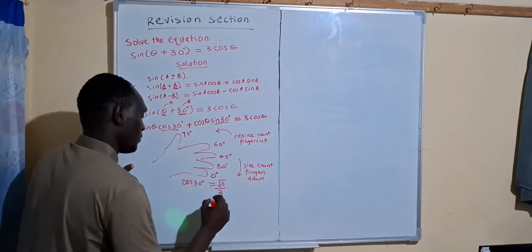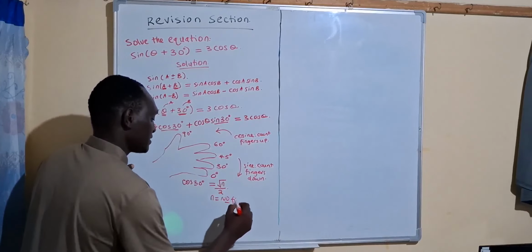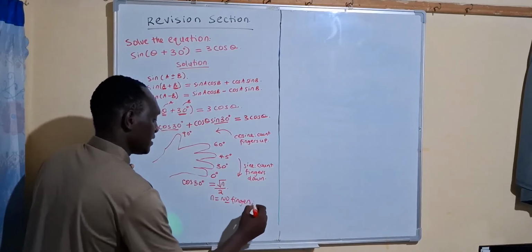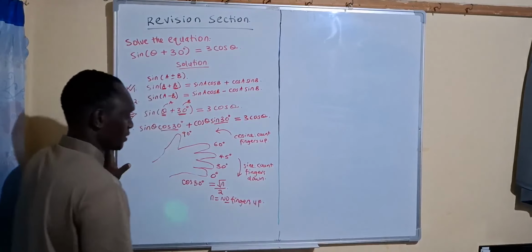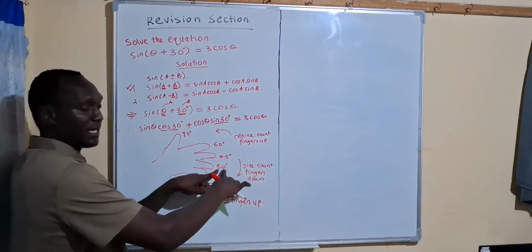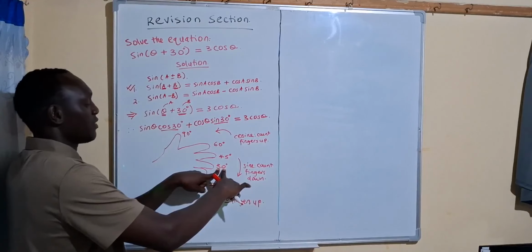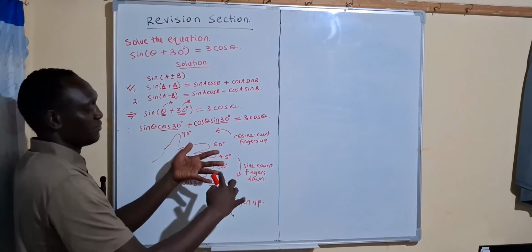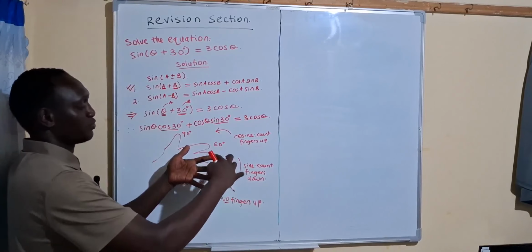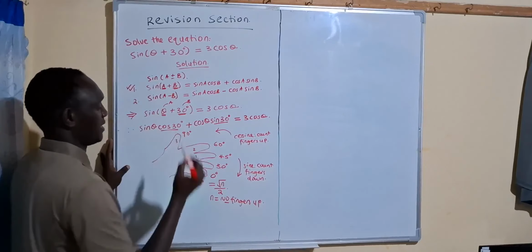What is n? Here n is the number of fingers that are up. If you are looking at 30 degrees, do not count the finger of 30, but count the ones above it, which start from 1, 2, and 3.